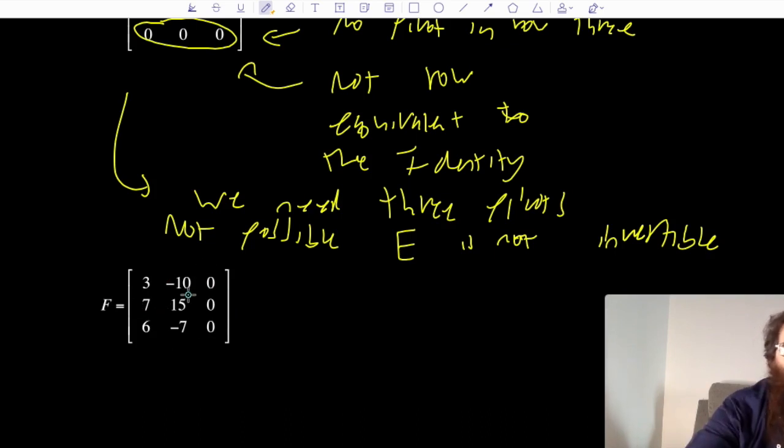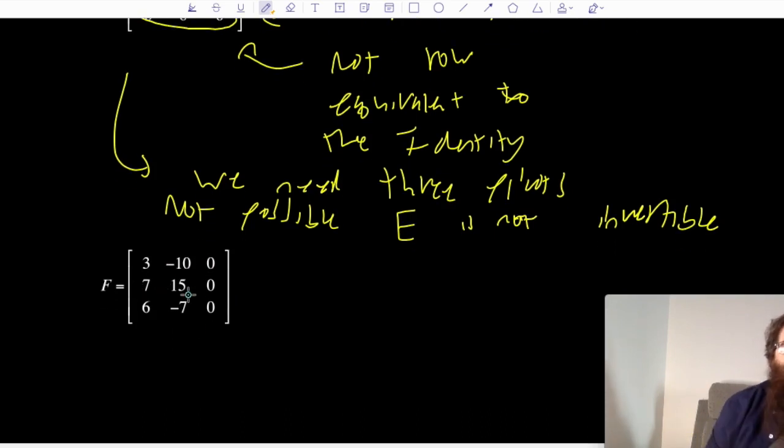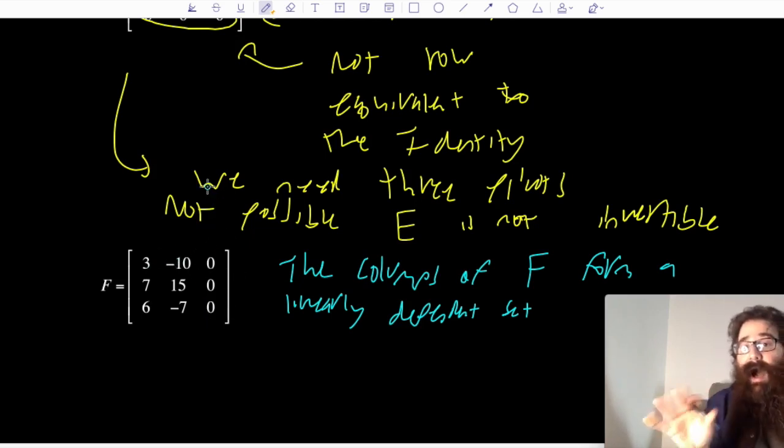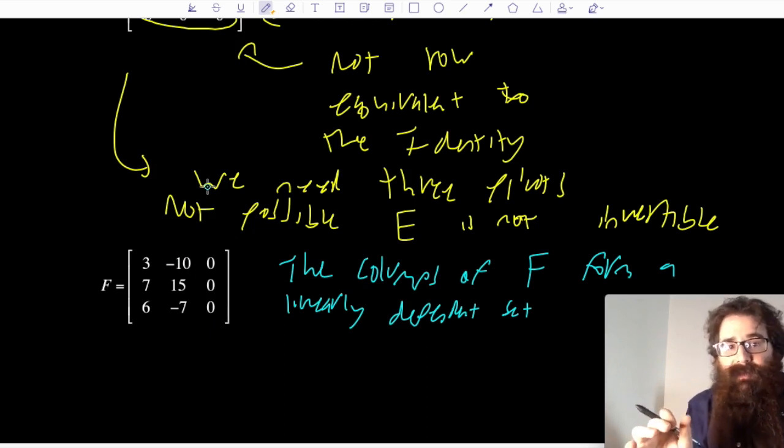And the first one is talking about the columns. So we could say the columns of matrix F form a linearly dependent set. Because remember we said if I have a set of vectors, first column vector, second column vector, third column vector, and one of those vectors is the 0 vector, then the set is automatically linearly dependent.